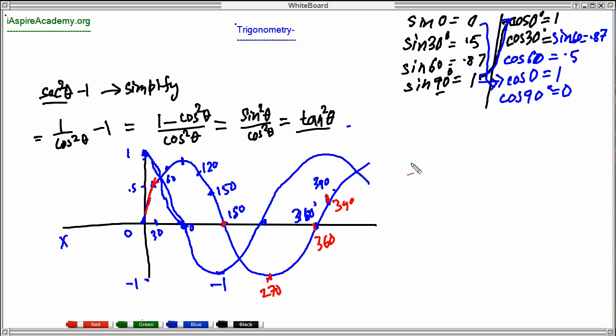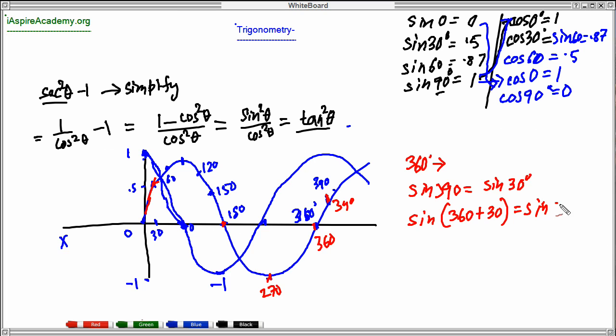So 360 degree is the period for sine. That means sine of 390 degree is equal to sine of 30 degree, which is basically sine of 360 plus 30 equal to sine 30.